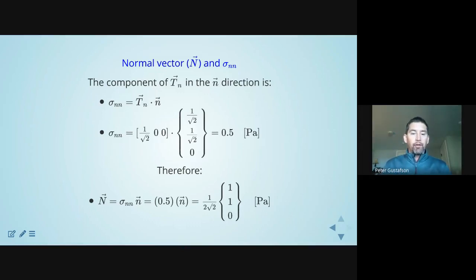So in this case, n is going to be equal to 1 over 2 root 2 times the vector 1, 1, 0. So 1 over 2 root 2 normalizes essentially and then multiplies by 1/2 to get the magnitude of the vector to be correct.